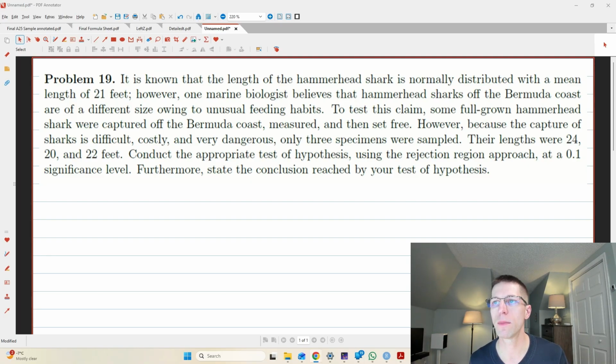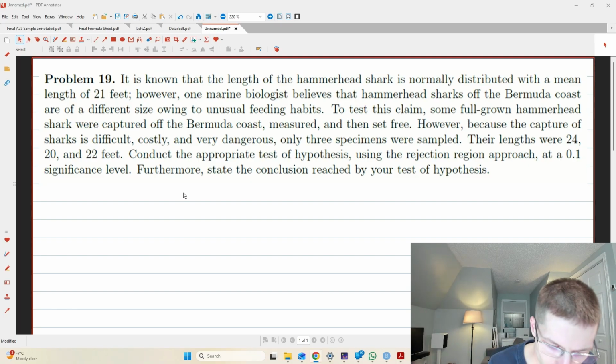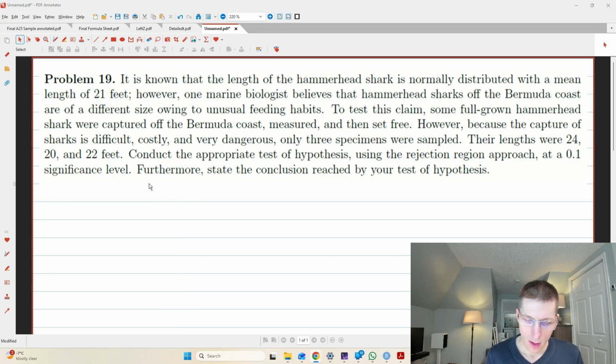To test this claim, they captured three adult hammerhead sharks, and they only got three because, of course, they're dangerous and expensive to capture. The lengths of those three were 24, 22, and 20. It says conduct a test of hypothesis using the rejection region approach at 0.1 significance level, and furthermore state the conclusion reached by your test of hypothesis.